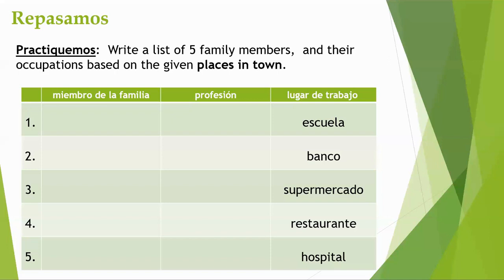Supermercado. Who's going to work at the supermarket? Pick a profession, pick a family member. Say again? La tía. I don't know how to say it in the first sentence, but la tía. Okay. And the profession is cajera. I don't know if you change it, but cajera. You sure you're pronouncing that right?